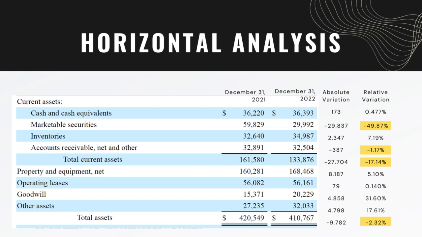This analysis will allow us to compare the variations that the financial statements have had and make an evaluation of the company's performance. Everything is going to conclude whether the company's behavior was good, regular, or bad during this period.